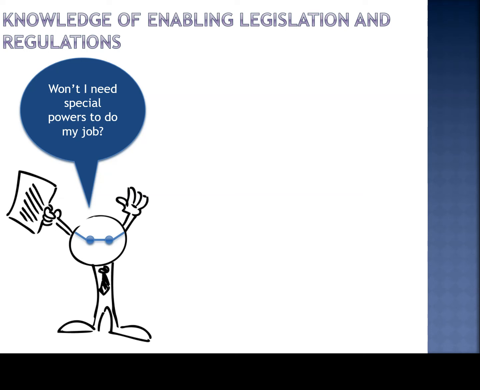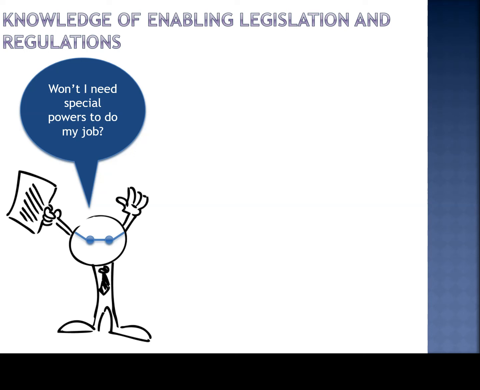So you need to understand exactly what those powers are that you have. And if you understand the powers that you have, then you're not going to overstep those powers and potentially create a situation where information is unlawfully obtained and could then be excluded from a subsequent court case.